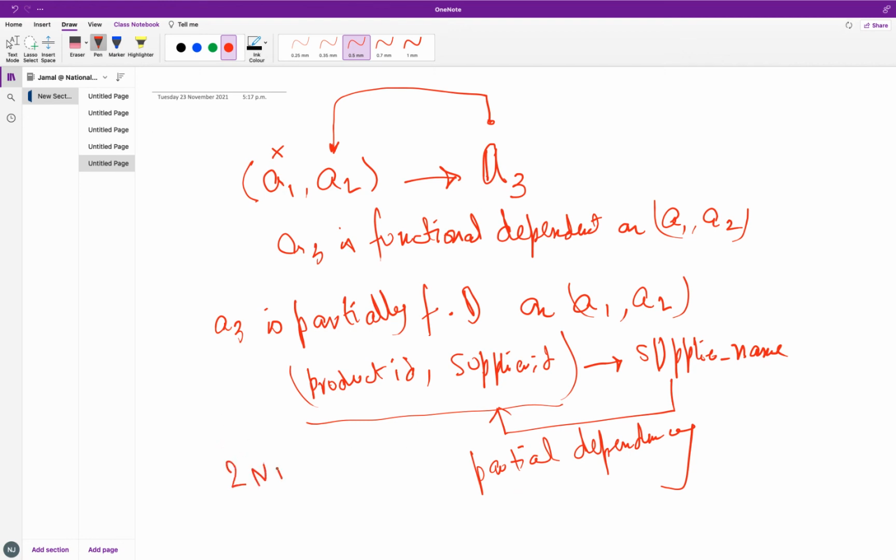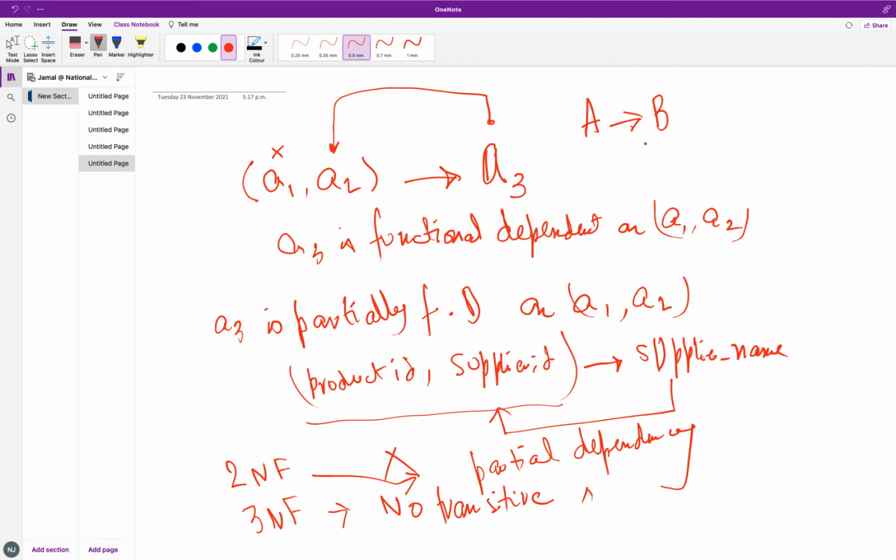Second normal form says this is not allowed: no partial dependency. Third normal form says no transitive dependency is allowed. What is transitivity?